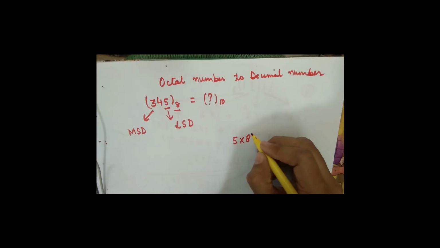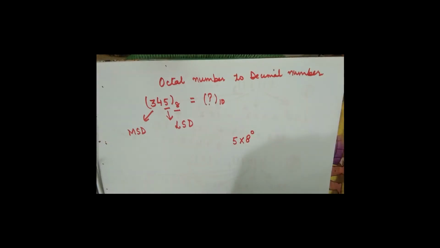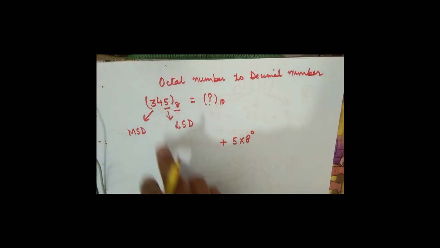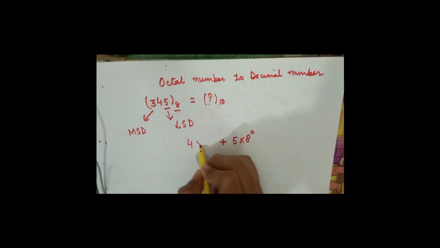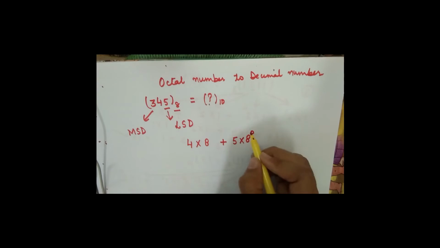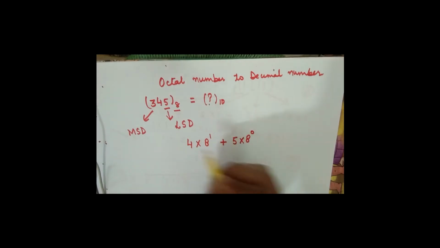The place value, that is units place, that is 0th place, so power will be 0. Come to the next digit, put an add symbol, next digit, that is 4 into 8, increase power by 1. As we are moving towards the most significant digit, we have to increase the power by 1.